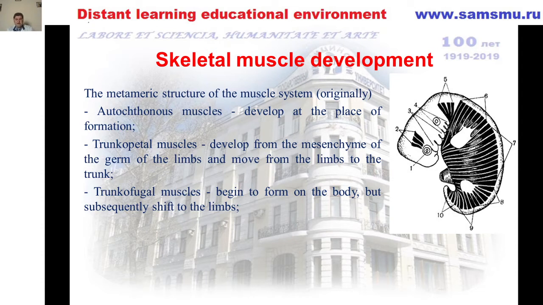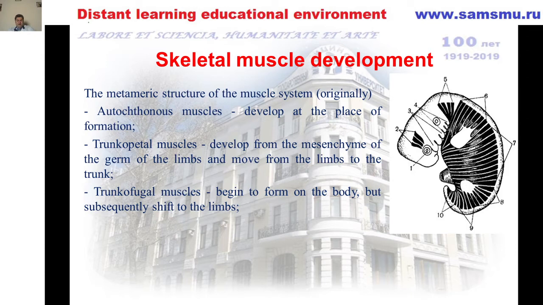They are called trunkofugal muscles, that begin to form on the body, but subsequently, as I told you, shift to the limbs. This includes the rhomboid muscles and the muscle that lifts the scapula, musculus levator scapulae.